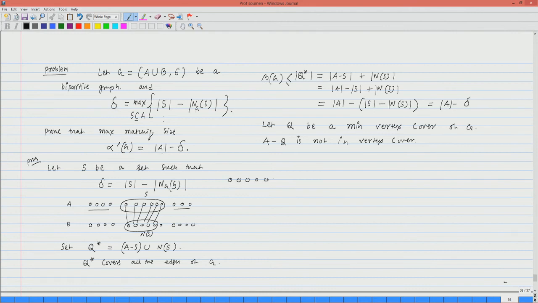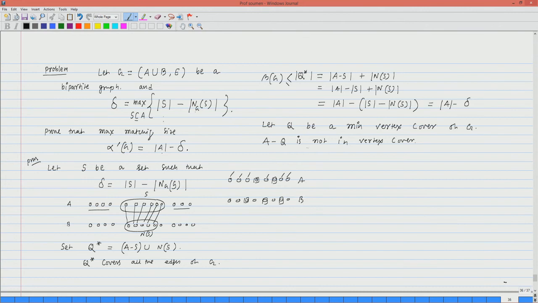This is my A, this is my B, and some of the vertices here are part of Q. So, A minus Q are the remaining other vertices. So, this is not part of Q. Suppose Q has these two vertices from A and some vertices from B, right.